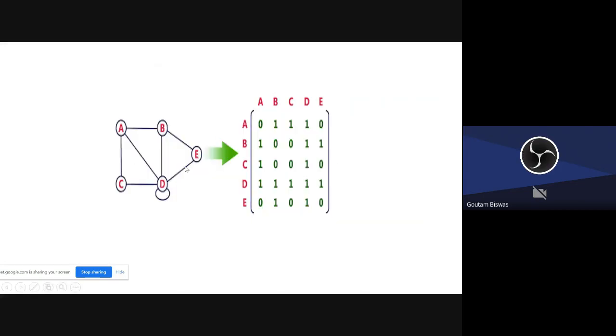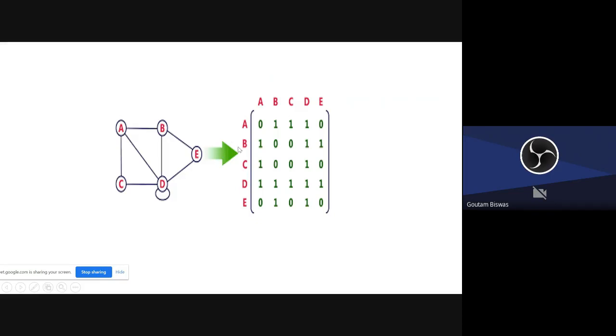Next one. This is a graph, and you see here there is a loop. So A to B, 1; A to C, 1, only one edge; A to D, 1, only one edge; A to E, no edge, 0.